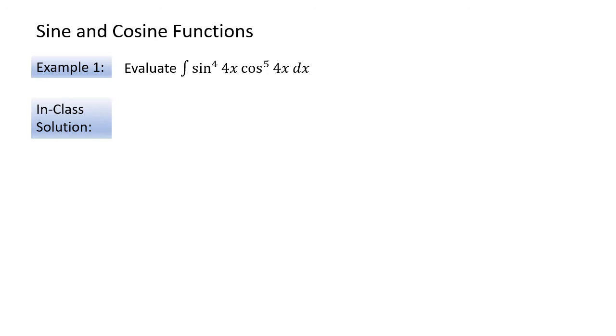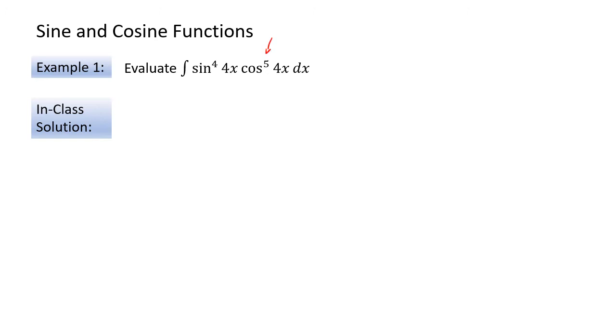So what we see here is that the sine function has an even exponent. The cosine function has an odd exponent. So remember, the one with the odd exponent is the one that you're going to have to use the trigonometric identities on. Starting with that, remember our first step was to subtract 1 from that exponent.